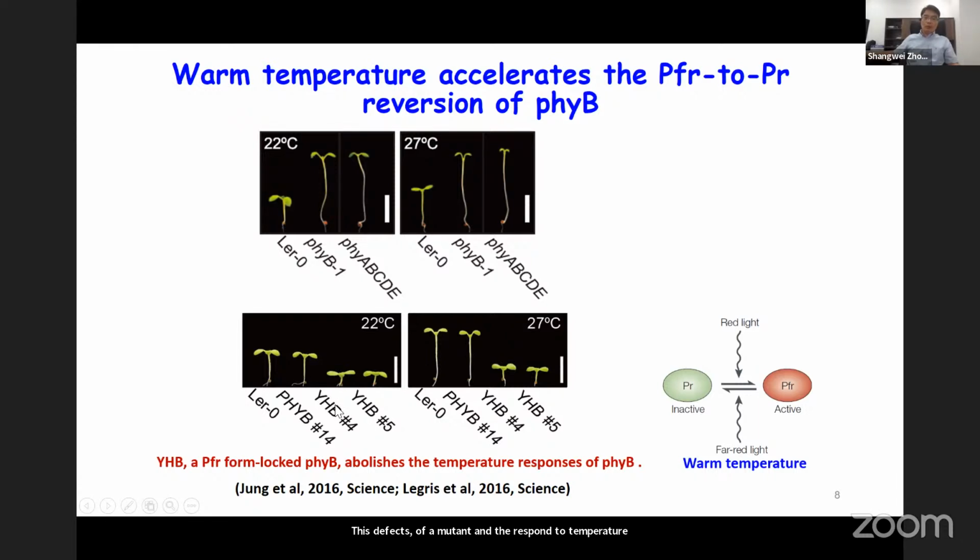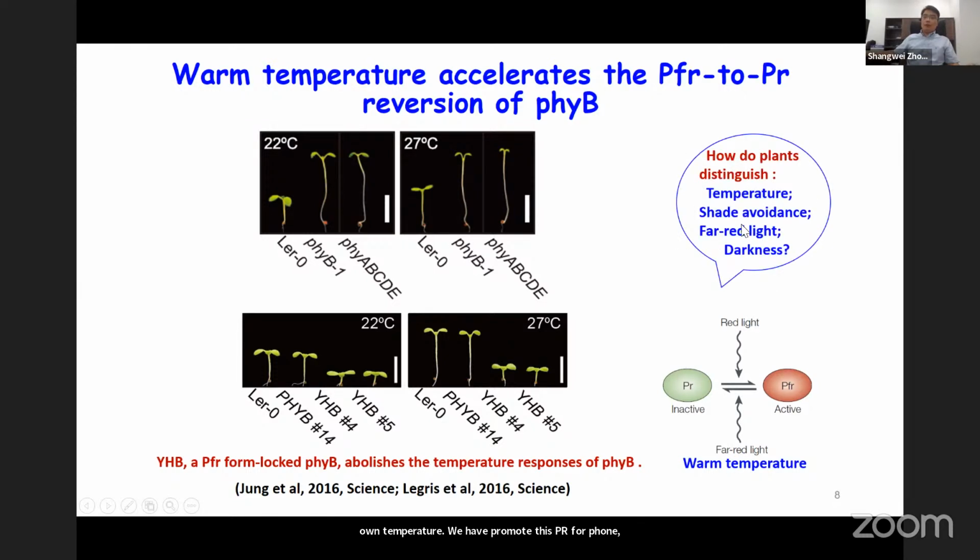However, when transforming this YHB form of phyB, which is a Pfr form locked phyB, these transgenic plants still did not respond to temperature. Therefore, these studies propose that the warm temperature will promote this Pfr form to Pr form reversion that enables the phyB to sense temperature changes.